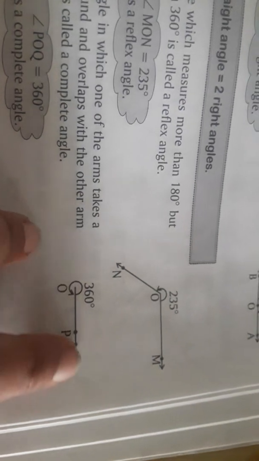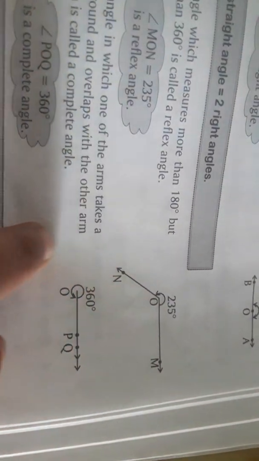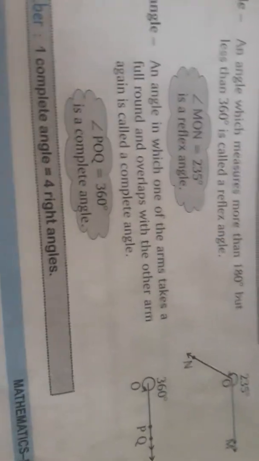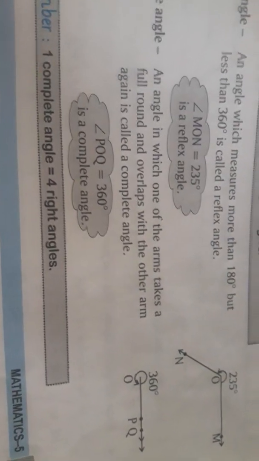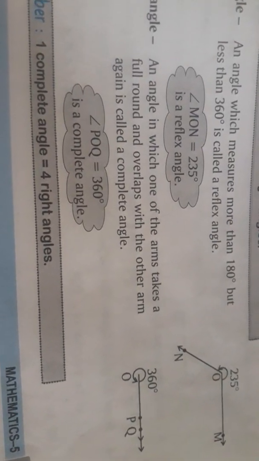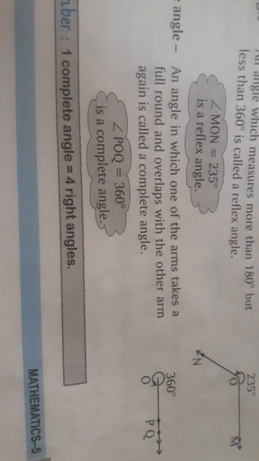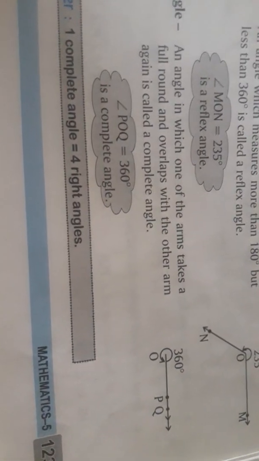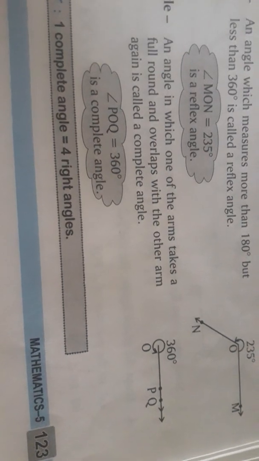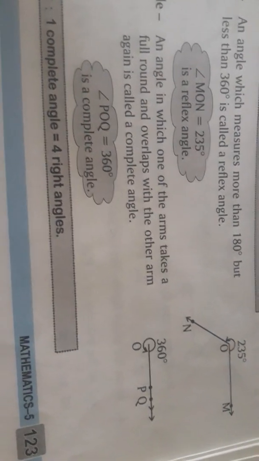It took a whole round like this and came here, and it is overlapping each other. So this angle is known as complete angle because it took a complete round. It is known as a complete angle, and the measurement is 360 degree.